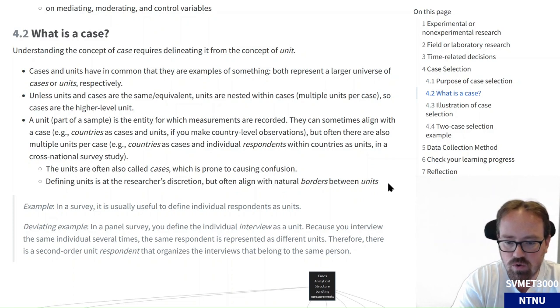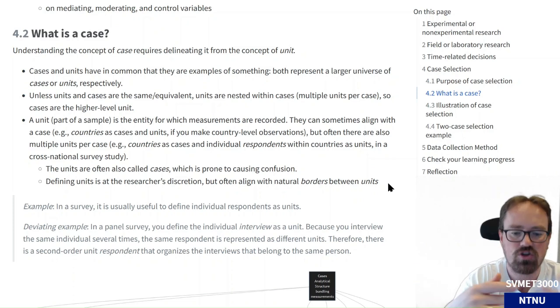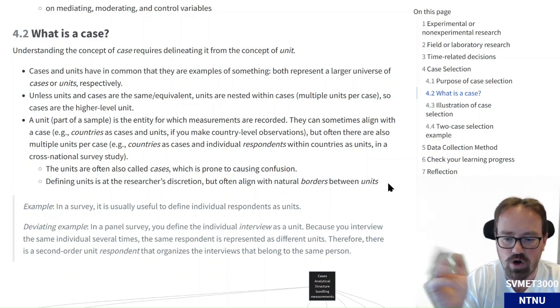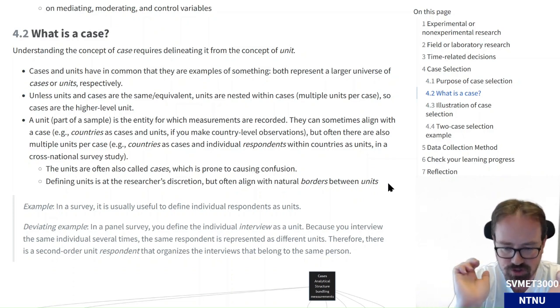So you record the same things in all three different interviews for the same person, but at different times, so you can track changes. Changes, for instance, in political ideology over a 1-year period with 3 measurements. And I can see what happens, and there my unit needs to be the interview, and I can have the respondent as a case that bundles these 3 units.